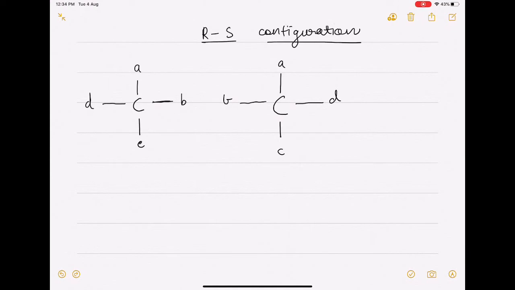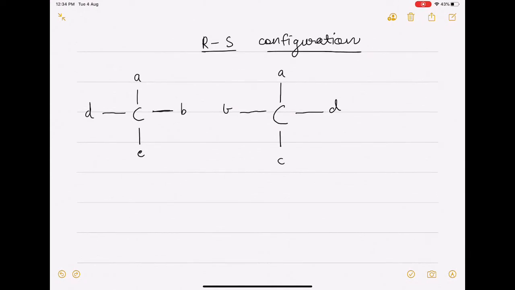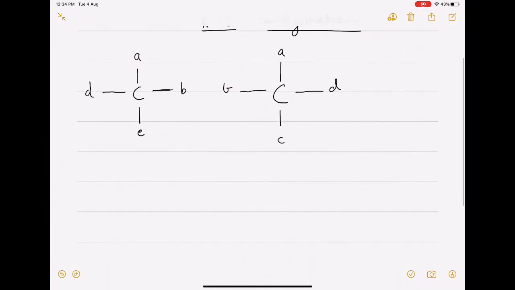Now let's get into how we can classify them as R and S. The first step is to identify the order of priority of the atoms bound to the central atom C. The order of priority depends on the atomic number of the atom.